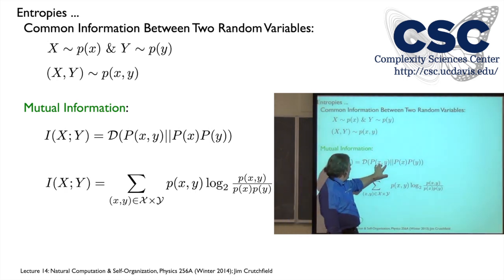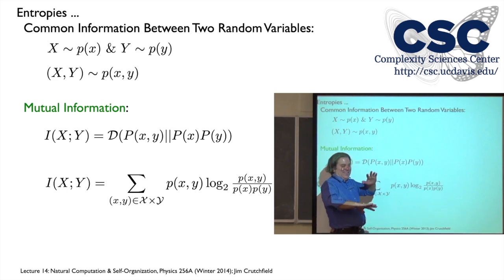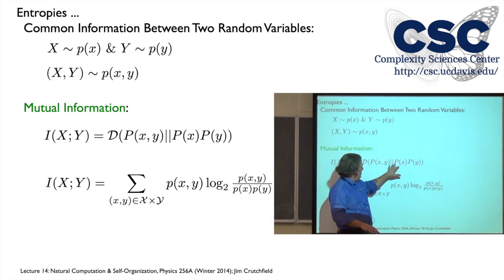It's the information gain between the joint distribution and the product of the marginals. If you incorrectly wanted to think of a distance, this would be like the distance between the distribution and the product of its marginals. Another way to see it is as a measure of independence.